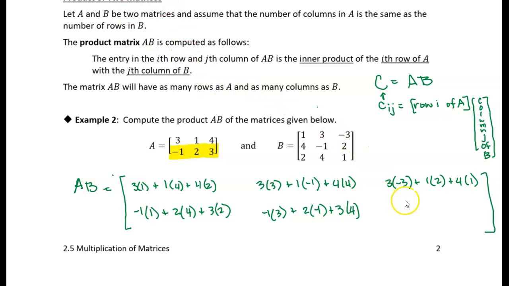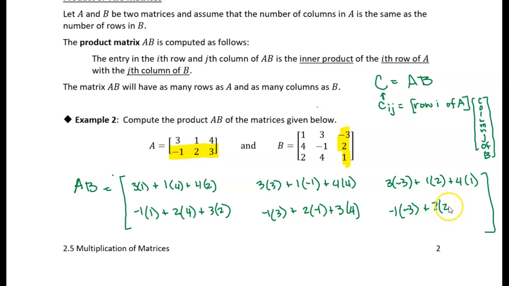We just have one more element in the product to compute, and that's going to be the second row, third column element. So I'm going to multiply the second row times the third column. I'll highlight the third column now. Let's go one by one. It's kind of a tedious process. So -1 times -3, and then plus 2 times... oops, not -3.